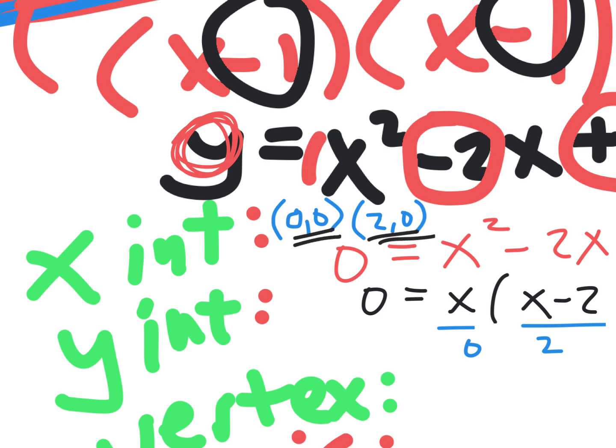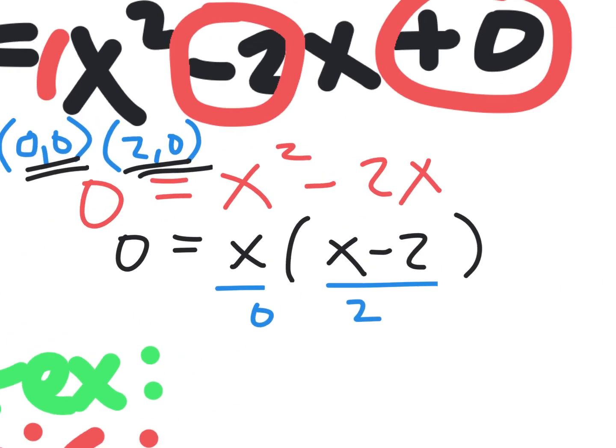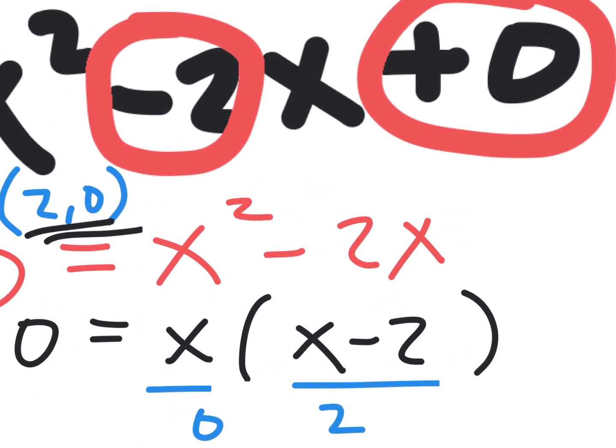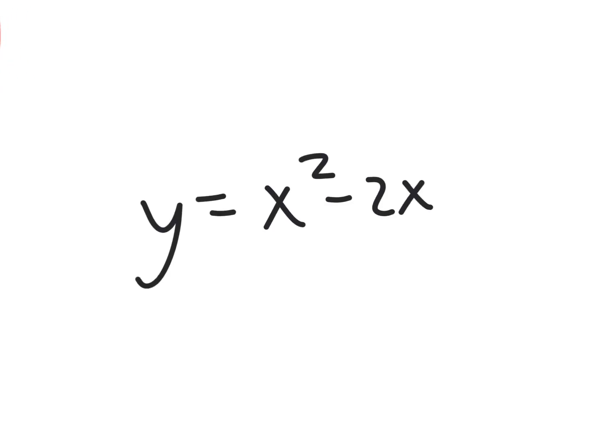All right. The y-intercept, it's easier. The y-intercept is where x is 0. So I'm going to take this equation, y equals x squared minus 2x. And I'm going to go, x is 0. So there's 0 and 0. And I totally get some kid thinking that there was no y-intercept. But that's wrong. What's the y-intercept? 0.